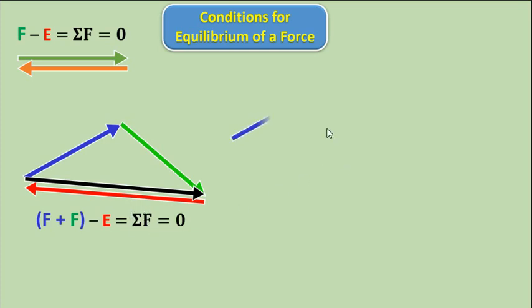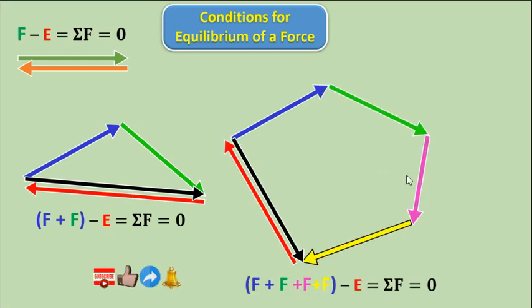For more than two forces, we have the blue force, the green force, and then the purple and then the orange. The black is the resultant force. The red is the equilibrant force. The equilibrant is equal to the black in magnitude, but acts in the opposite direction.